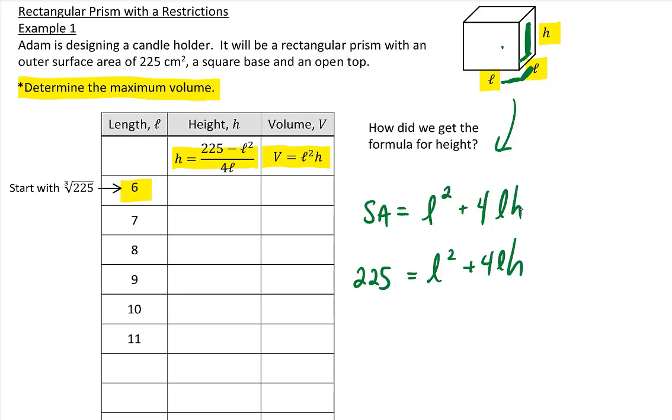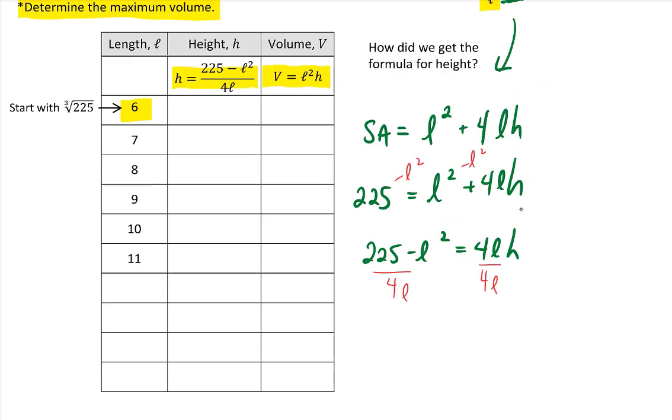We want to solve for h, so first I'm going to subtract the L squared from both sides. So I get 225 minus L squared equals 4Lh. And again, we're isolating for h, so I'm going to divide both sides by 4L. So we get (225 minus L squared) over 4L is equal to h.